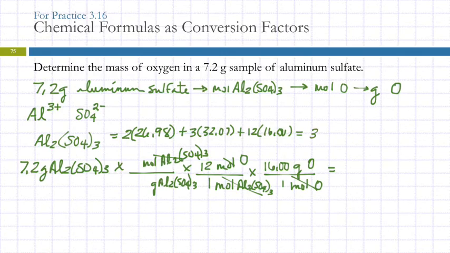342.17 grams per mole for aluminum sulfate. Somebody confirm that I did my math okay? Anybody? Yeah, thank you. Okay, so that's the number we're going to put in down here. 342.17.